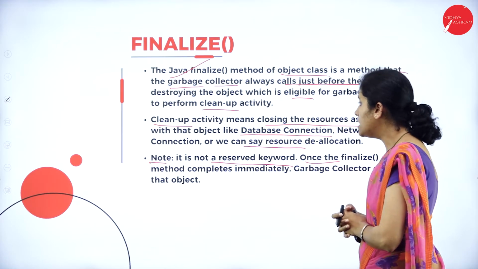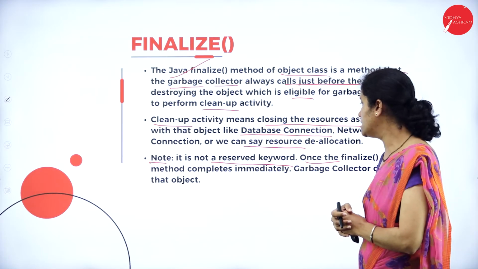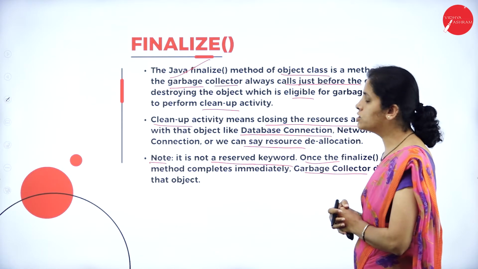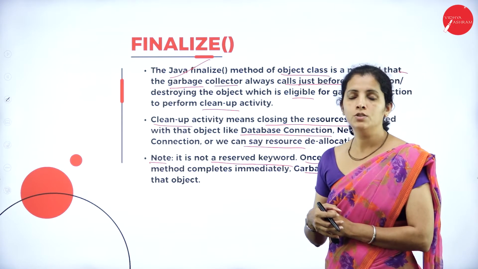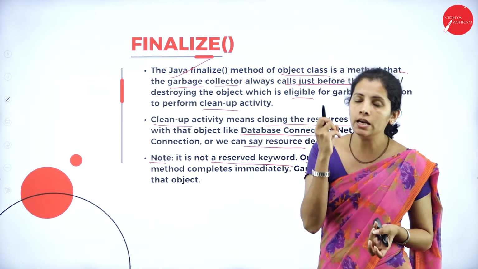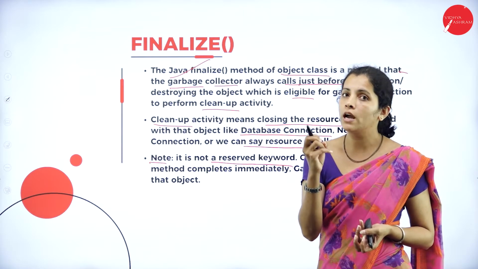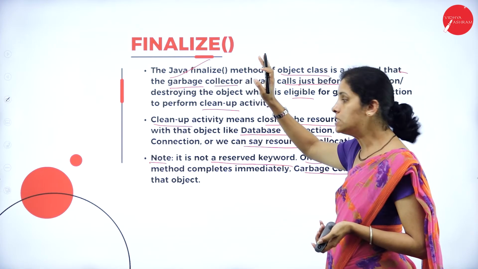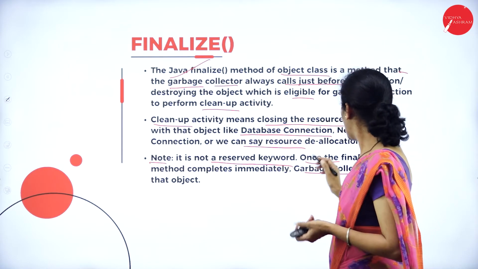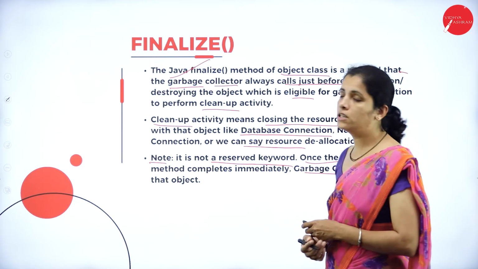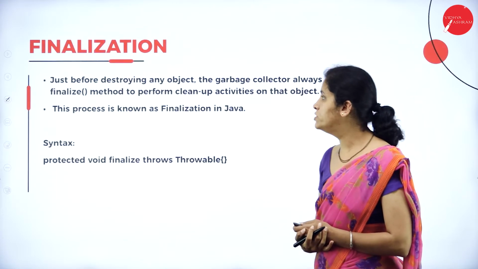Once the finalize method completes, immediately the garbage collector destroys the object. So dear student, when I want to perform any cleanup procedure, what will I do? I am going to call the finalize method, and it's going to call the garbage collector to destroy the object.